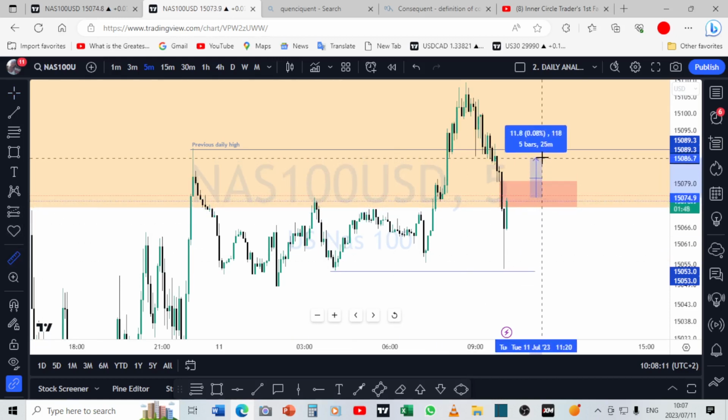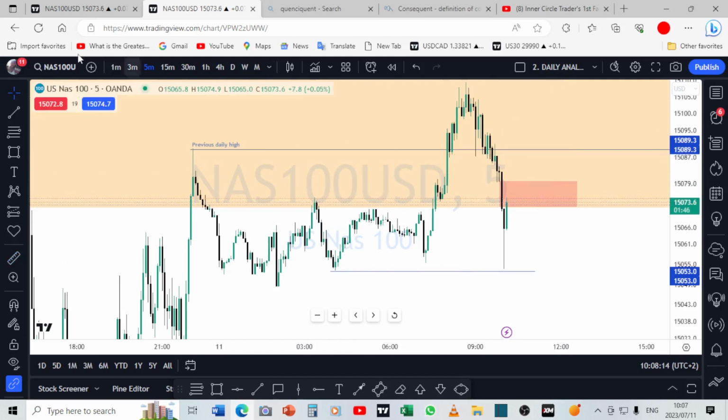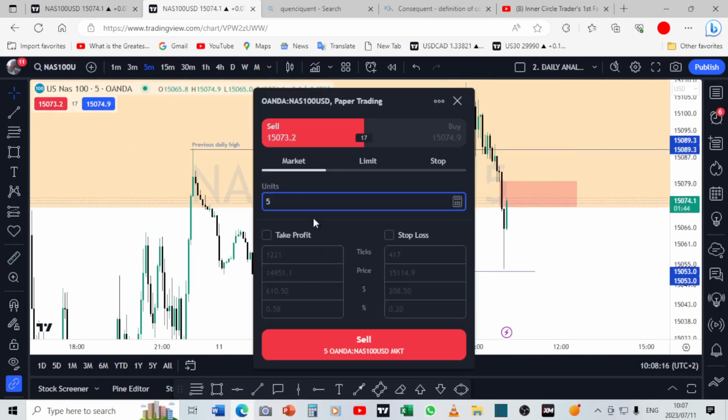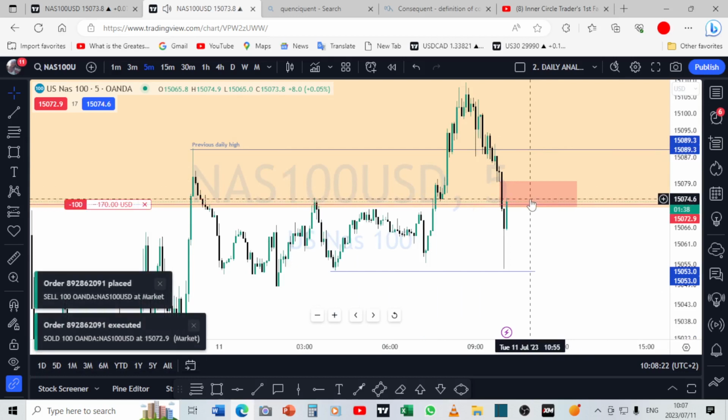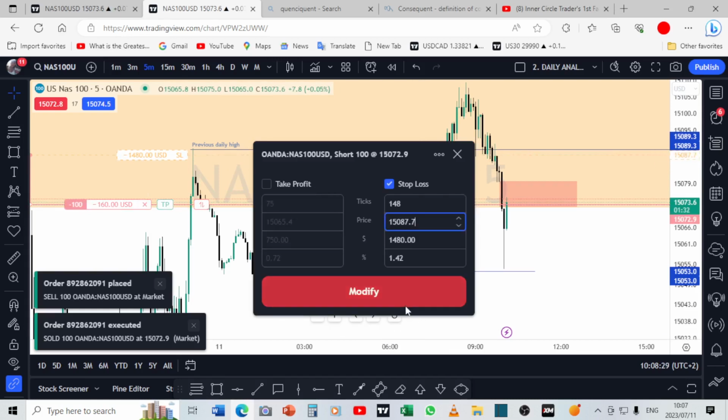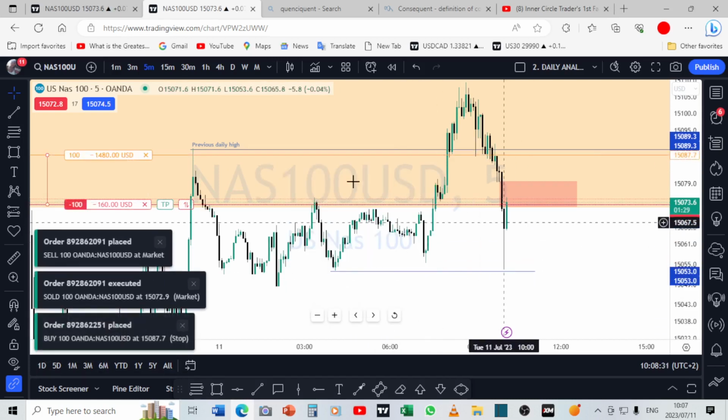So this is helping us to refine. We can sell 100 contracts here. Right above, accommodating another fair value gap right there.